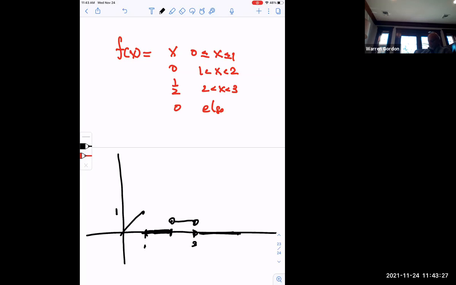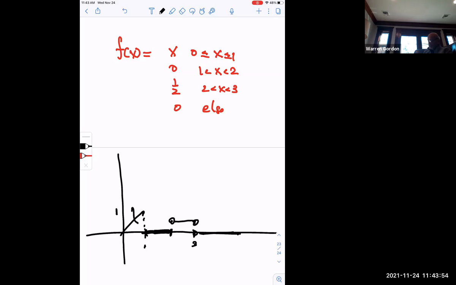I draw a slightly different version of this picture in the back of the book. But notice this is a discontinuous PDF.